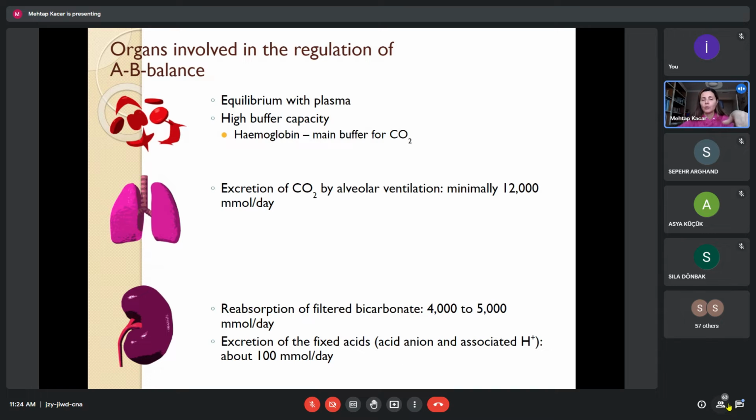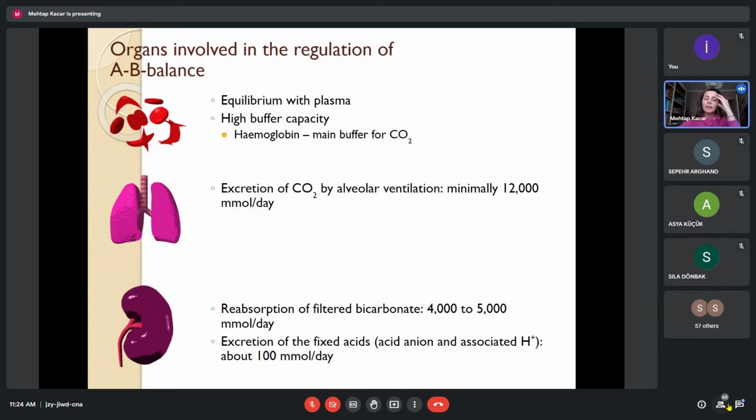Hemoglobin is the main buffer for carbon dioxide, and blood is a very important buffer system. The blood buffer system is localized in the blood, and the lungs are responsible for excretion of carbon dioxide by alveolar ventilation.